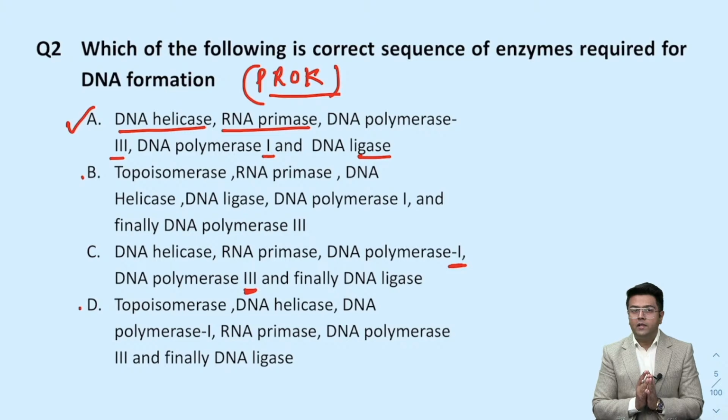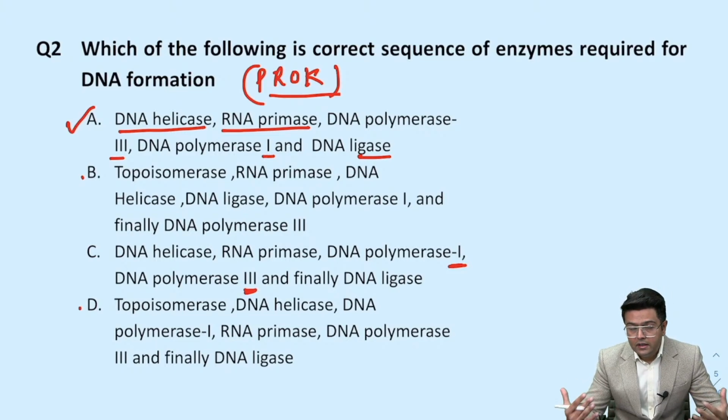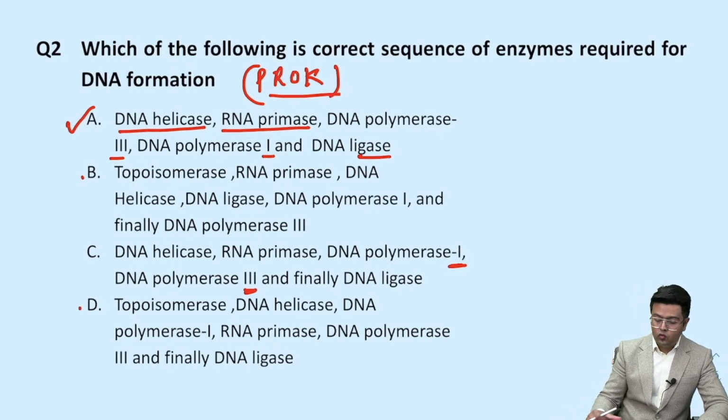So guys, DNA polymerase 3 synthesizes both the leading and the lagging strand of DNA, right? That is the 5' to 3' polymerase activity. DNA polymerase 1, what is the activity, guys? It is primer removal.